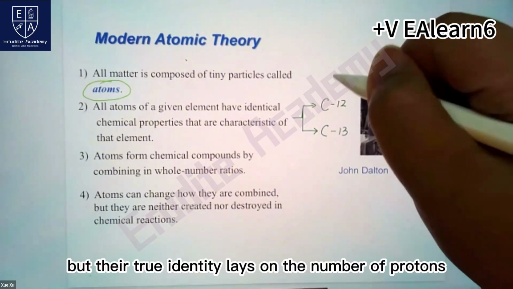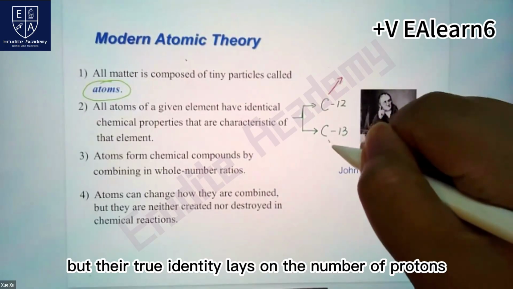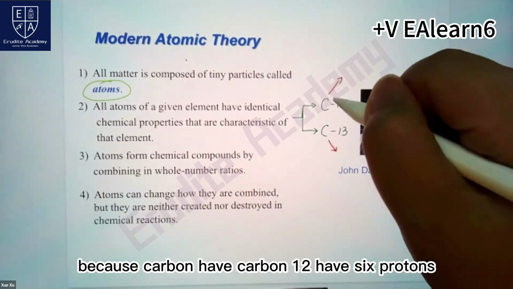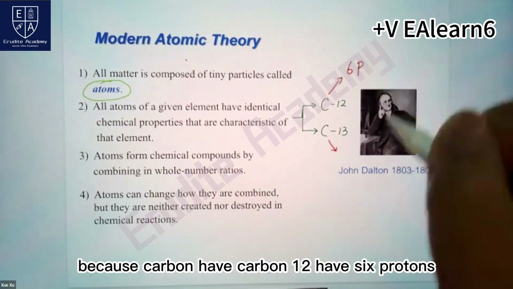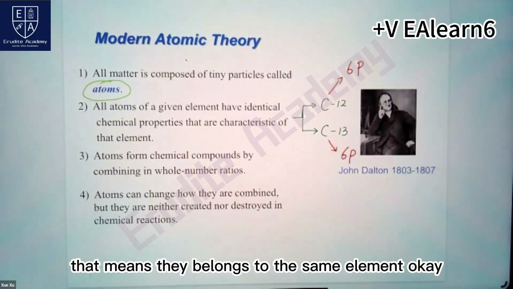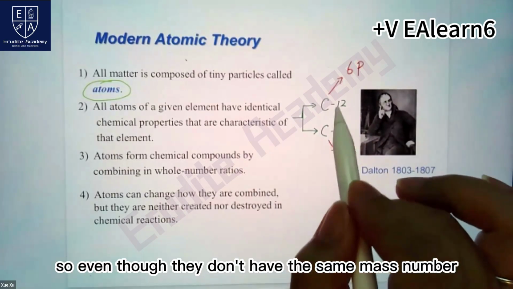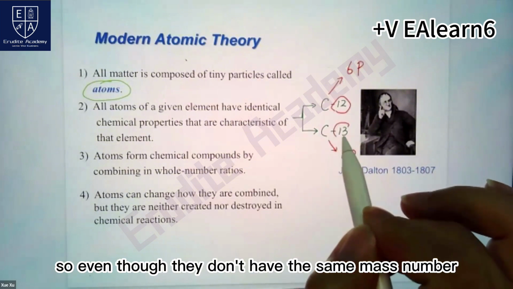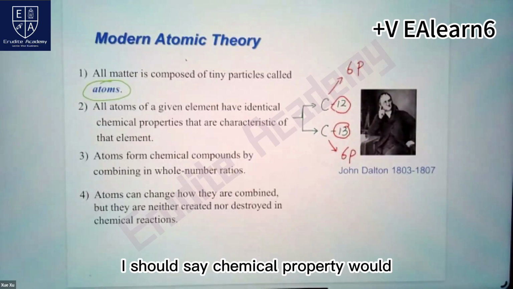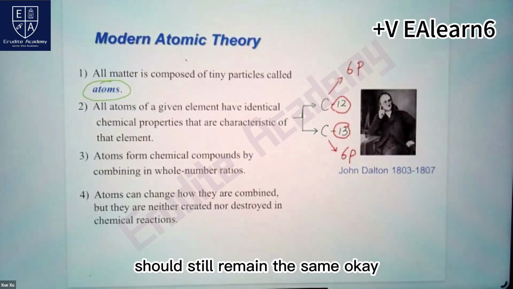But their true identity lies in the number of protons, because carbon-12 has 6 protons, and carbon-13 also has 6 protons. That means they belong to the same element. So even though they don't have the same mass number, their chemical properties should still remain the same, okay?